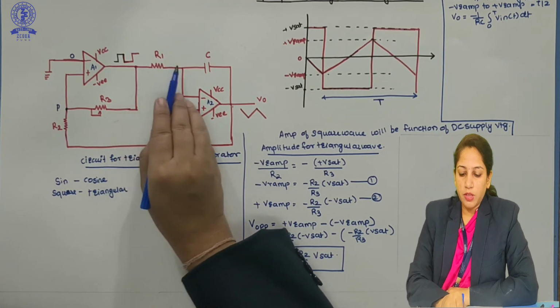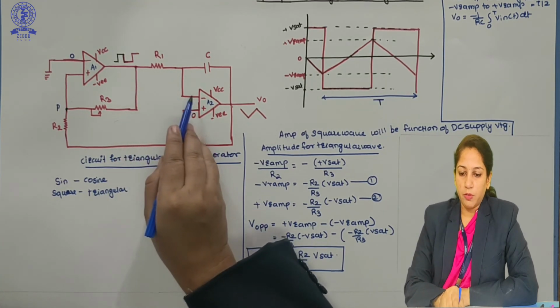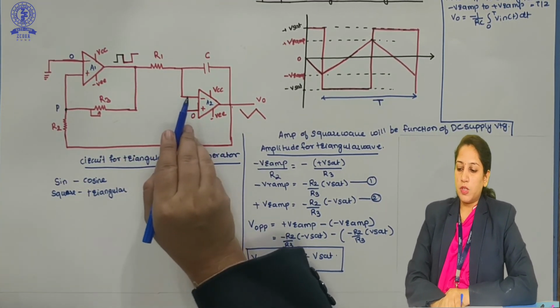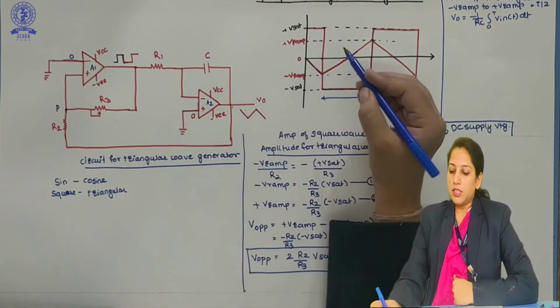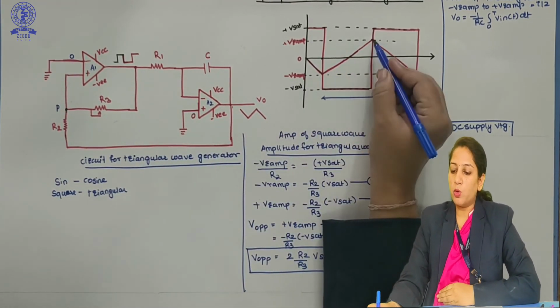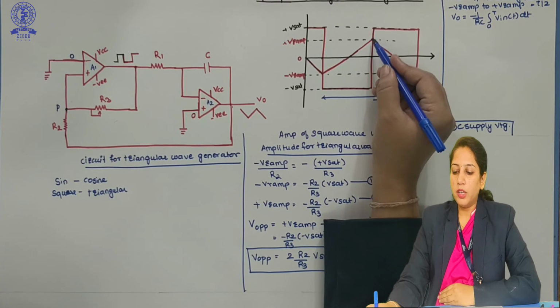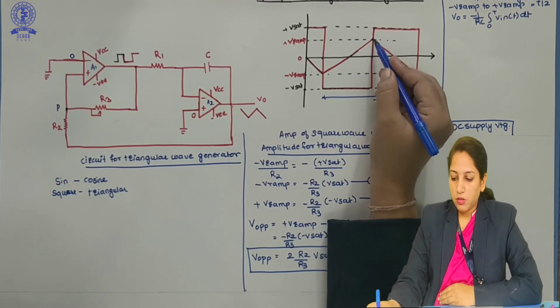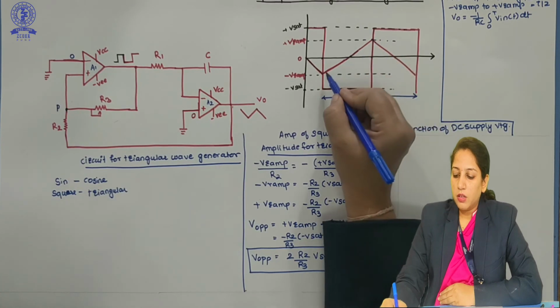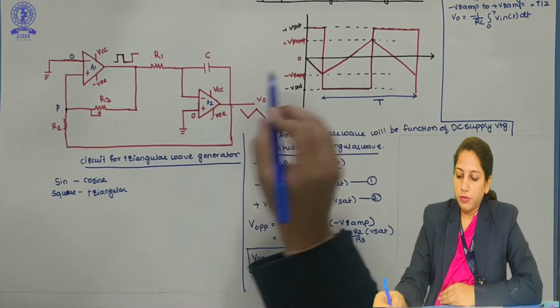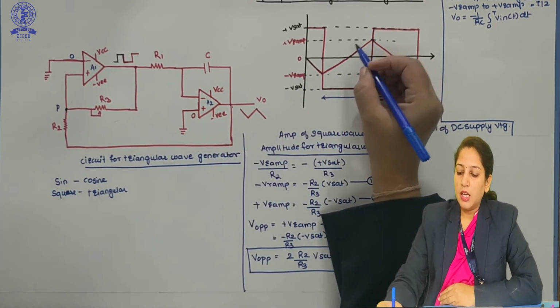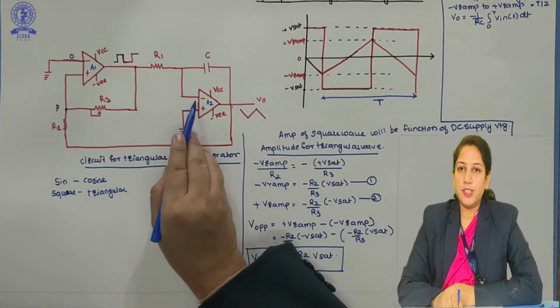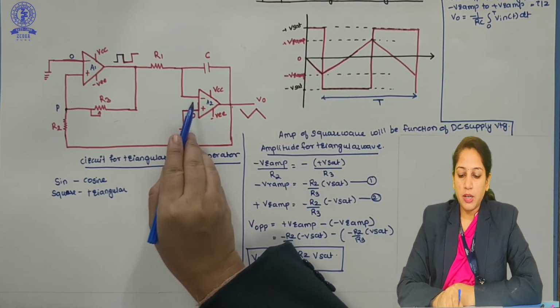For the instant from minus V ramp to V ramp, only for T by 2 time, whenever my ramp is increasing, my input is negative V saturation.